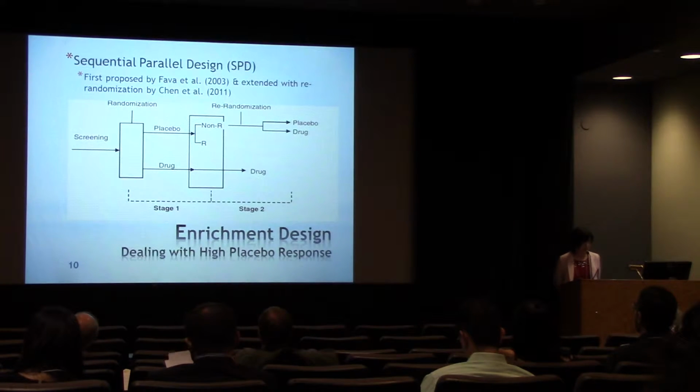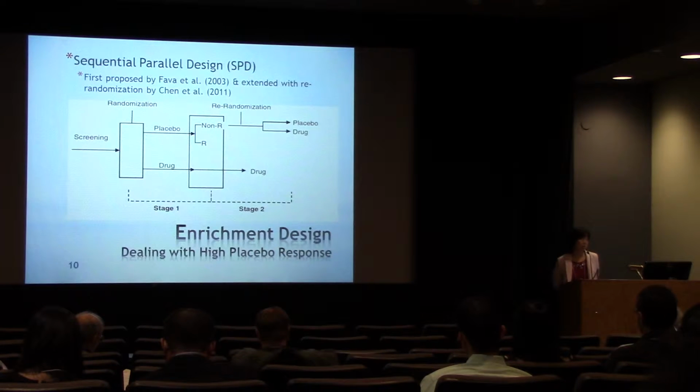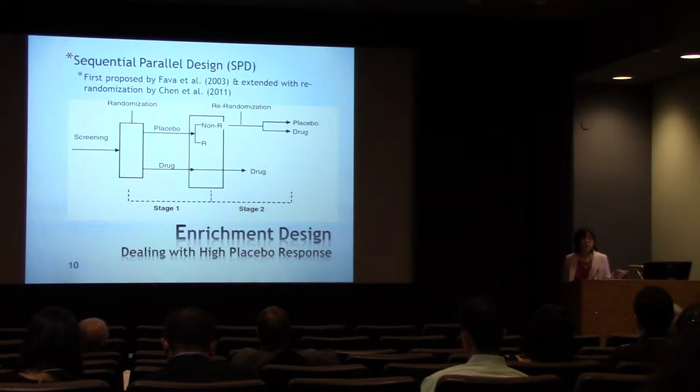So here is a slide showing you the enrichment design that I had done research on earlier. This is a sequential parallel design. It's an enrichment design, first proposed by Fava in 2003, and my colleagues and I extended it with re-randomization, and we published it later in 2011. This design has 2 phases. The first phase has 2 stages. The first stage is just a traditional parallel design.